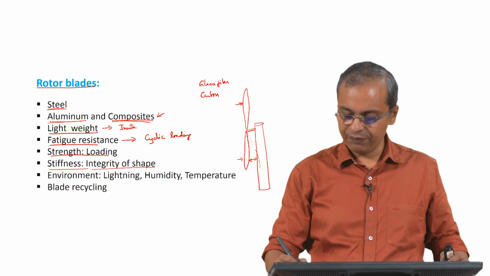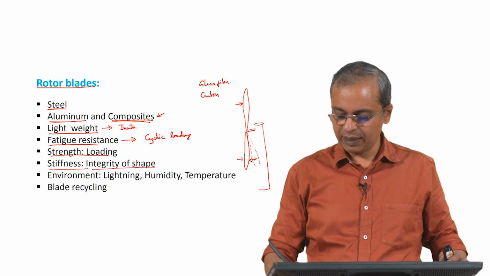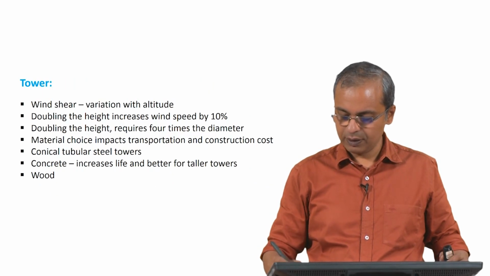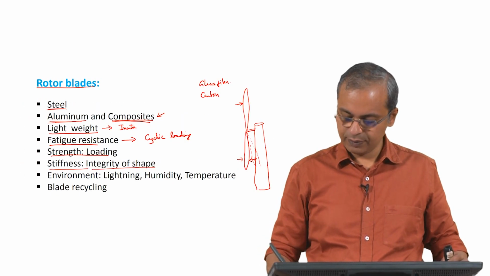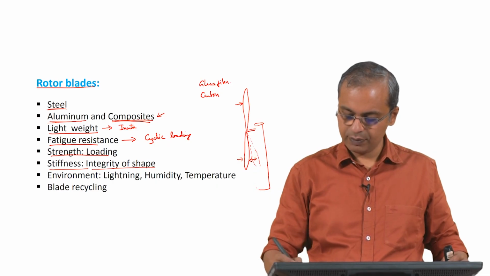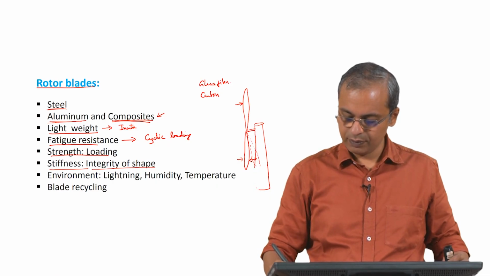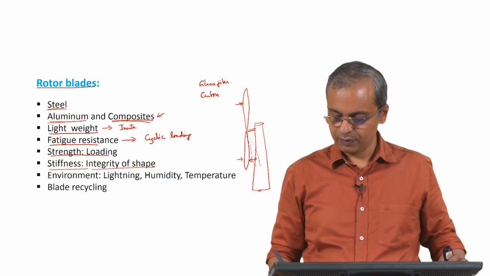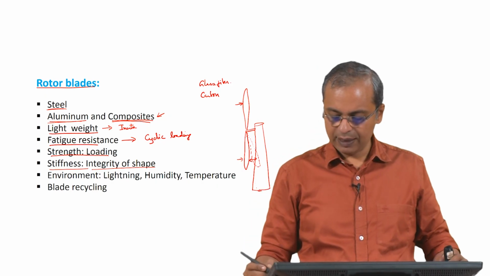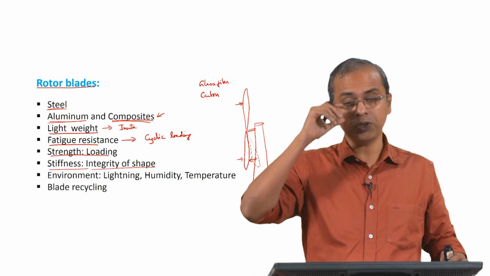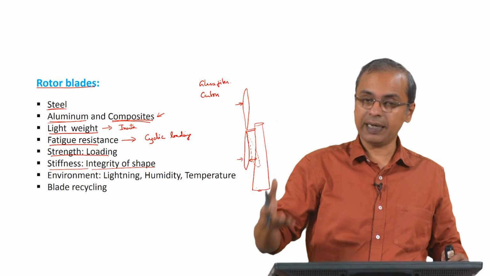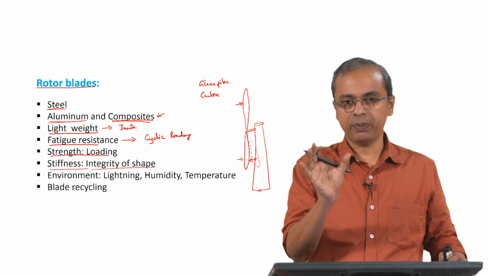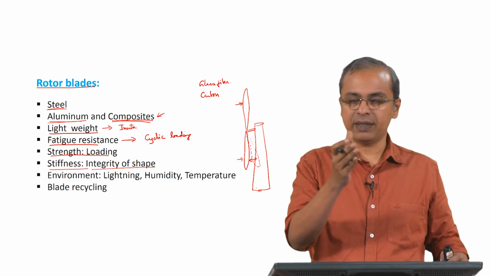If it were not so stiff and it could just bend backwards, it can even hit the tower. So, for a wide range of wind speeds, you have to be confident that the blade is stiff enough that it will not hit the tower.